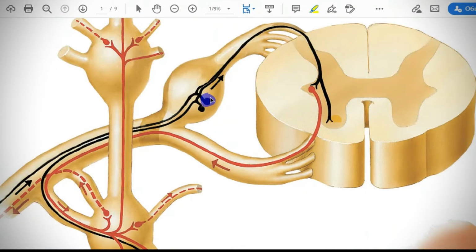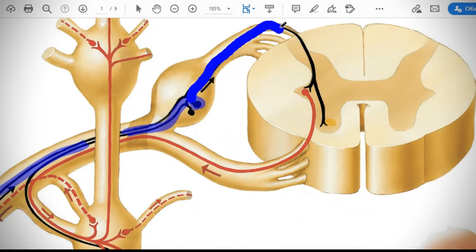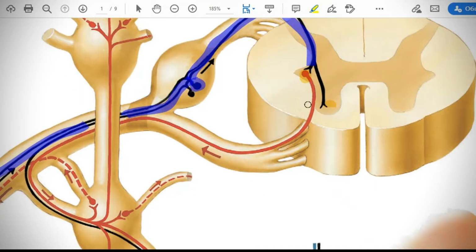You have a sensory neuron with receptors, and it brings the impulse to the gray matter of the spinal cord. Next, it transmits the impulse to the autonomic neurons. Again, it doesn't matter whether sympathetic or parasympathetic; the differences are in location and effect.